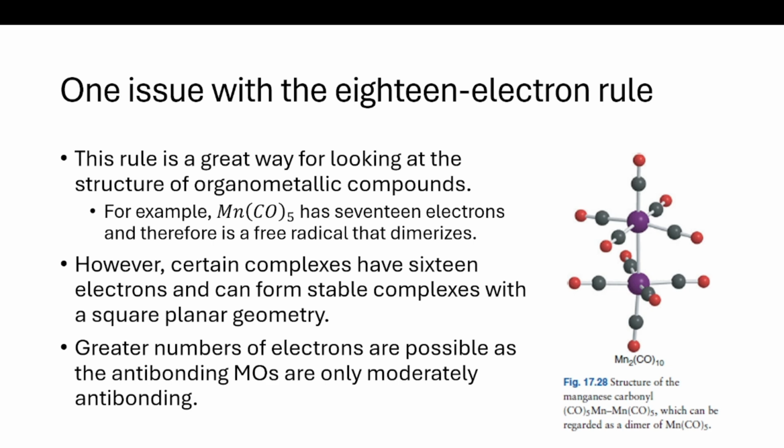However, there do exist certain complexes that have 16 electrons, and these complexes are actually stable with a square planar geometry. And in fact, we can go beyond 18 electrons into even more anti-bonding molecular orbitals. We can put electrons there, and that's because even if we lose stability, they're only moderately anti-bonding.